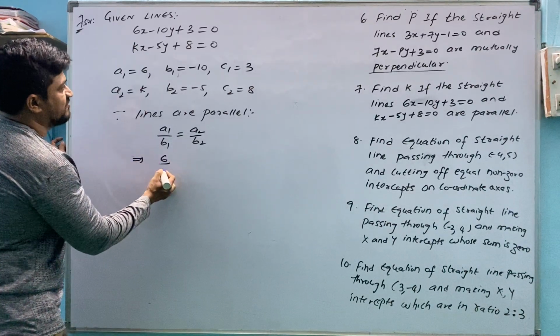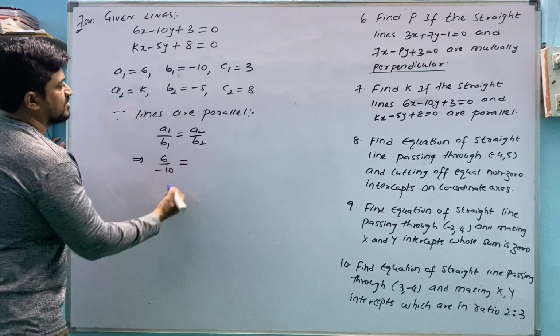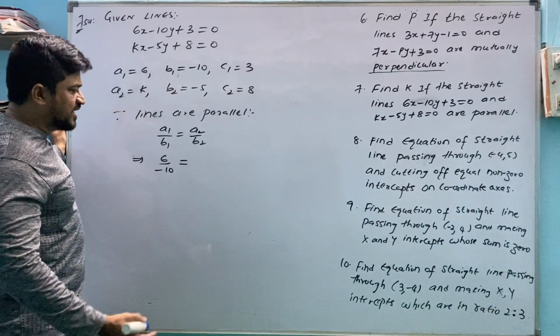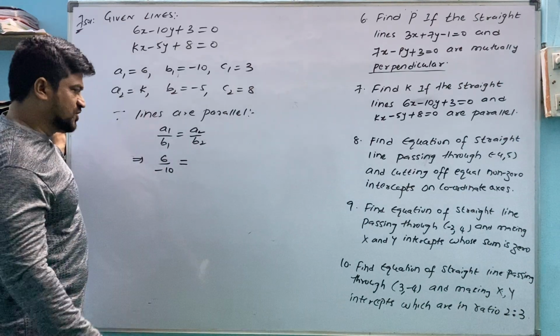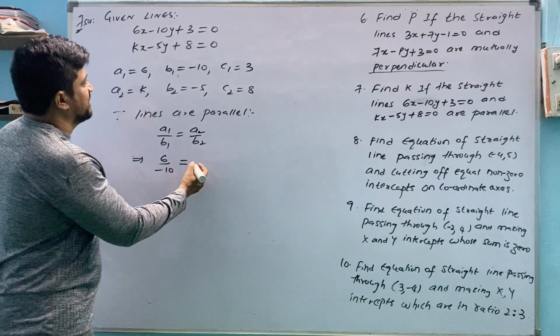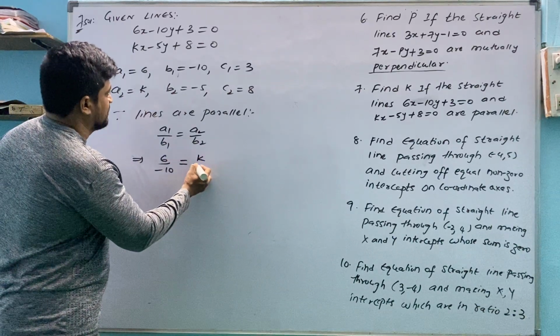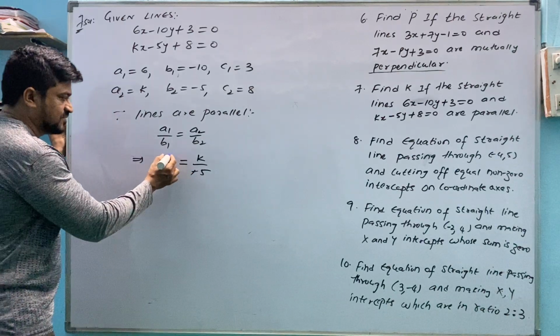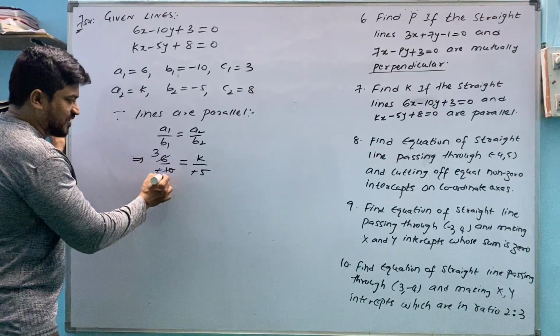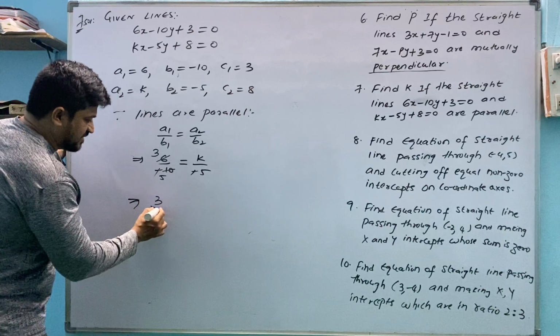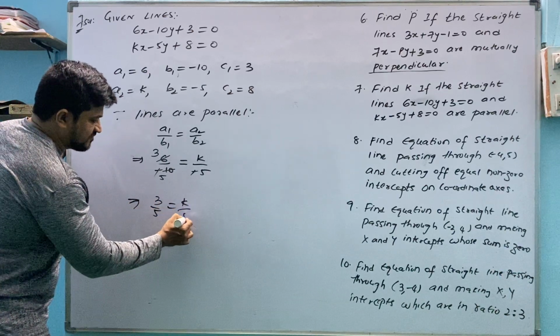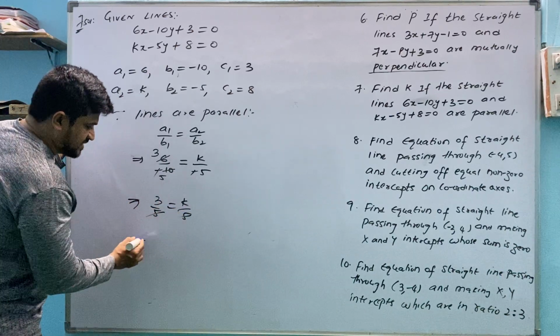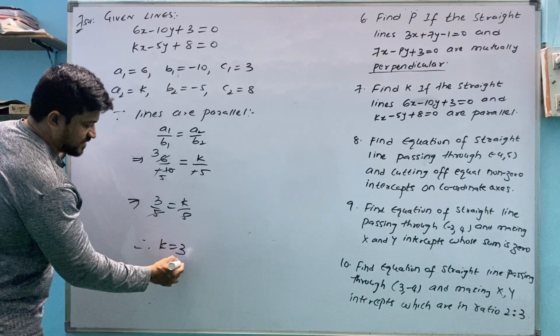Or you can write a1 by a2 is equal to b1 by b2. Both are one and the same. Minus on both sides cancelled. 2 threes are 6, 2 fives are 10. 3 by 5 equals k by 5. 5 cancelled. So k is equal to 3.